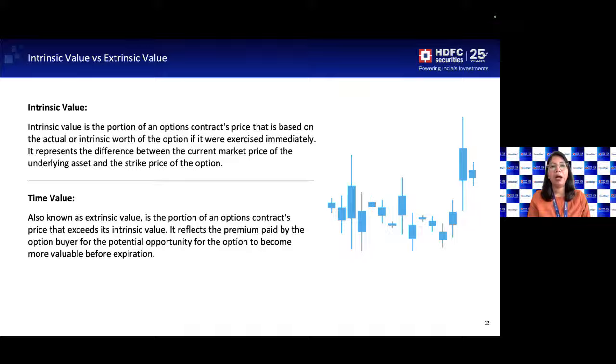Now let's say that particular option is trading at 120 rupees. So 100 rupees is the intrinsic value of that option. What is the 20, right? That 20 rupees is the time value. Whatever there is extra above the intrinsic value, that is your time value.